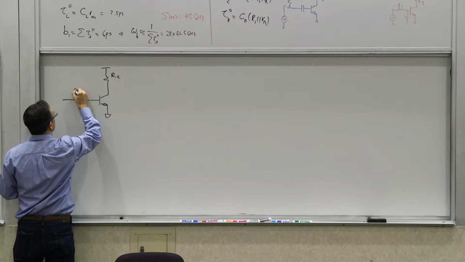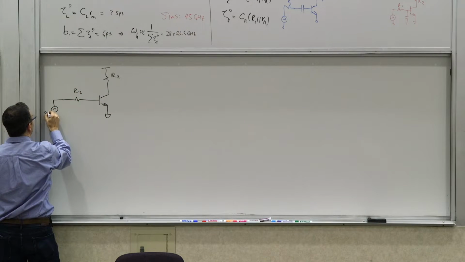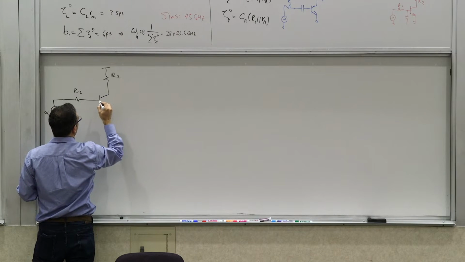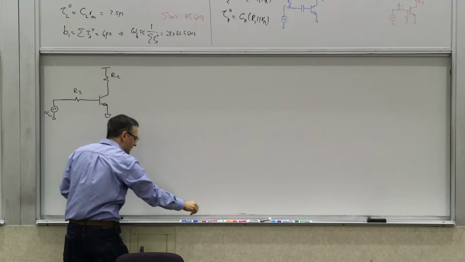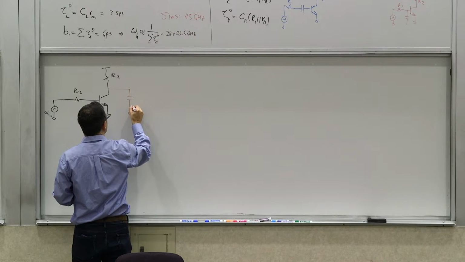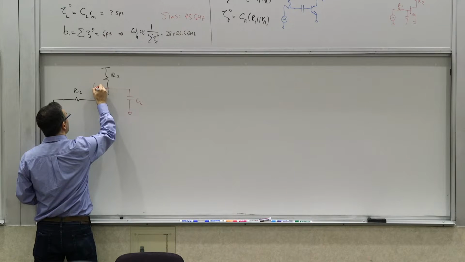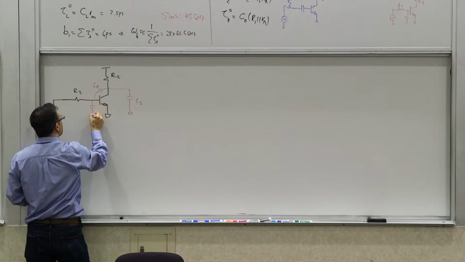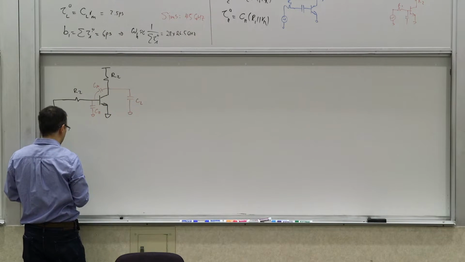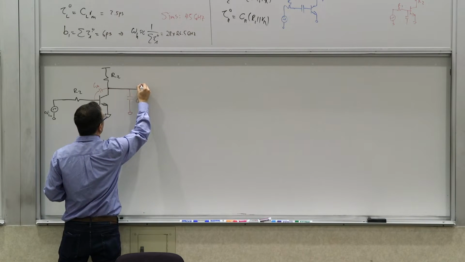So this is R1, R2, Vn, and then you have a CL. We have a C mu, you have a C pi. So this is exactly what we had, the first pass of our design, and this is V out.